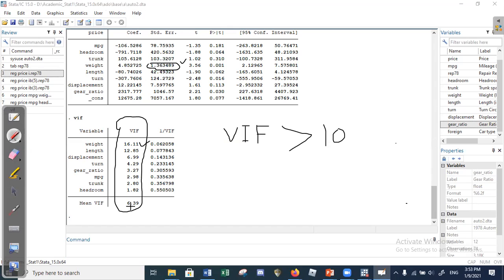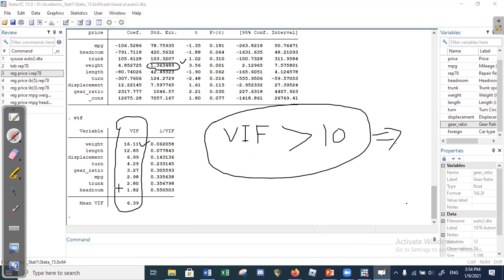In some studies people say if VIF is greater than 5, but the majority of studies say that any VIF value greater than 10 shows a case of high multicollinearity. Any number in this list which is more than 10 would show that that particular variable, like in this case the variable weight and the variable length, is problematic. Two numbers in this list are more than 10, while the rest are less than 10.